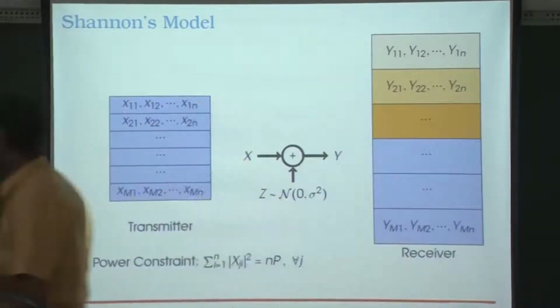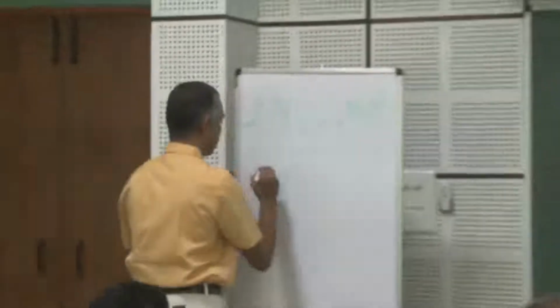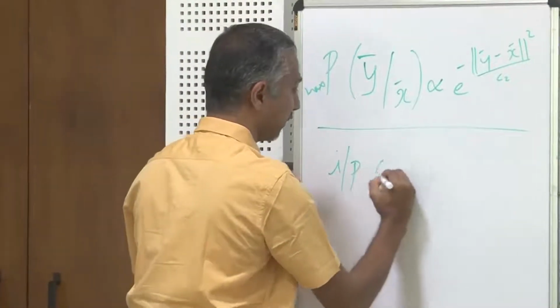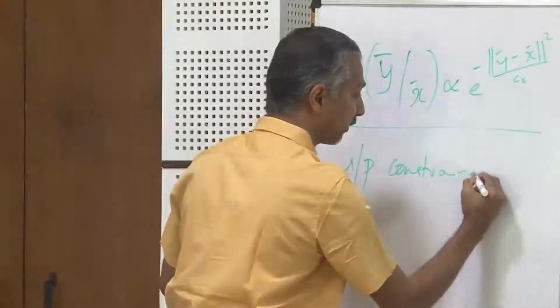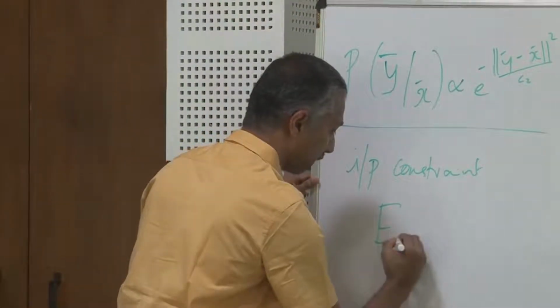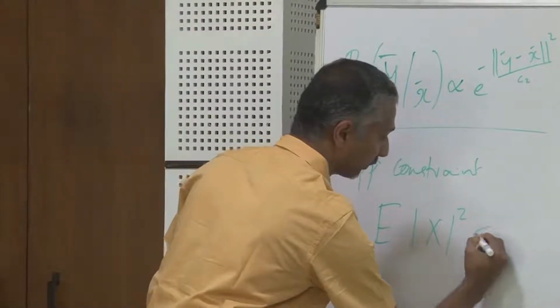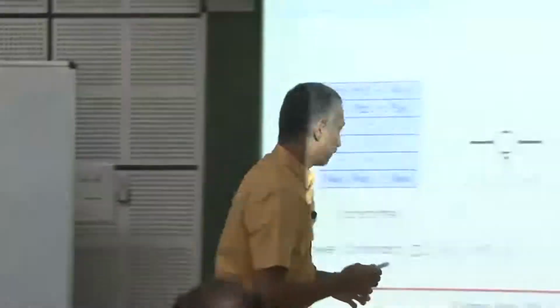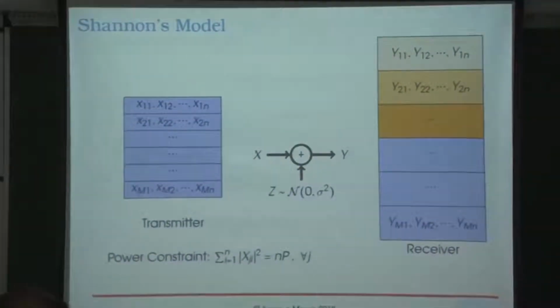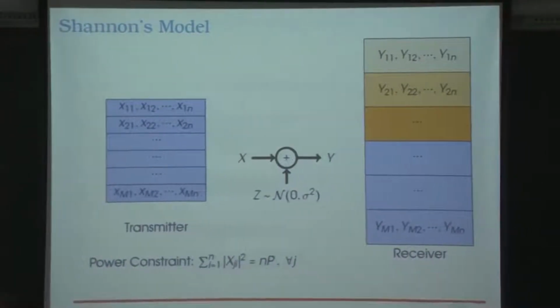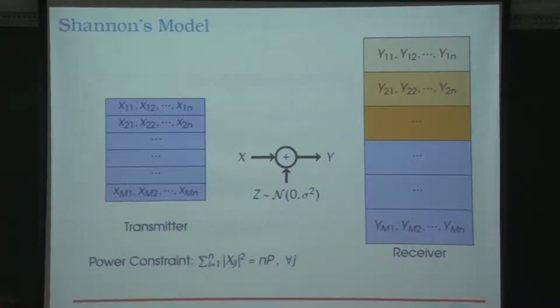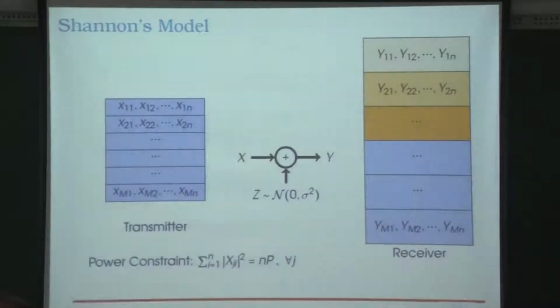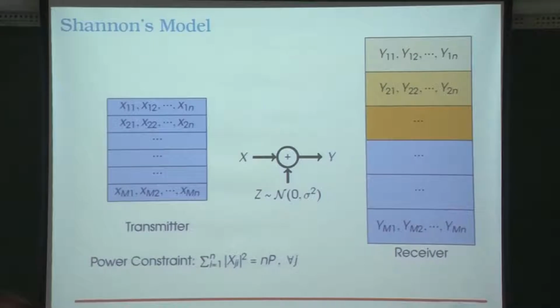So Shannon said, why not put a constraint. This is an input constraint that expectation of x squared is less than or equal to P. Now, we can go back and use our formula, maximize I(X;Y) subject to the constraint that expectation of x squared is less than or equal to P. This is a very natural engineering constraint that we need, so that our devices operate with a finite energy.